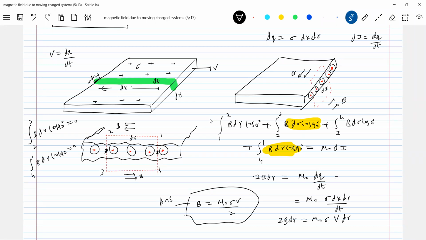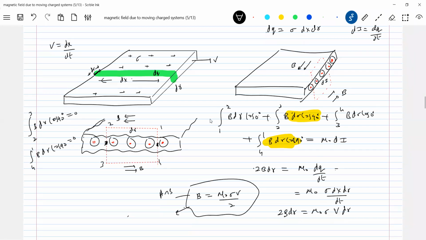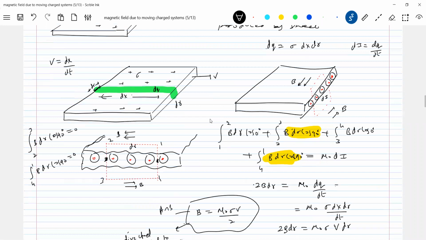I'm just showing a few arrows above the plate and below the plate, directed tangential to the plate, and will be below and above. Okay, this is about the B bar due to a large non-conducting sheet.